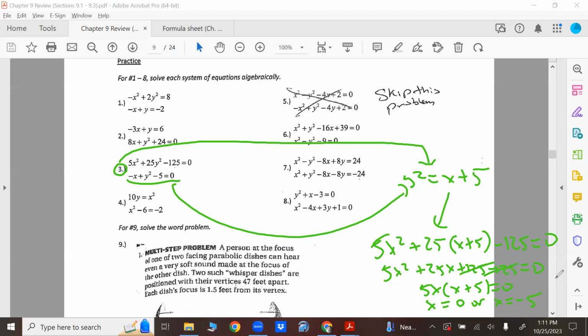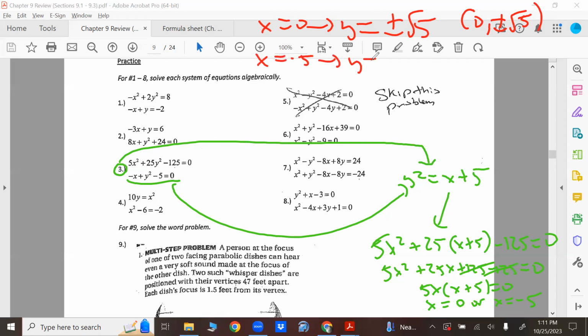If x is 0, then y can be plus or minus √5, obviously. So that's 2 answers right there. If x is -5, then you really have no choice but y is 0. So we have 3 points of intersection, which makes sense because you have an ellipse and a parabola. They can touch 3 times.